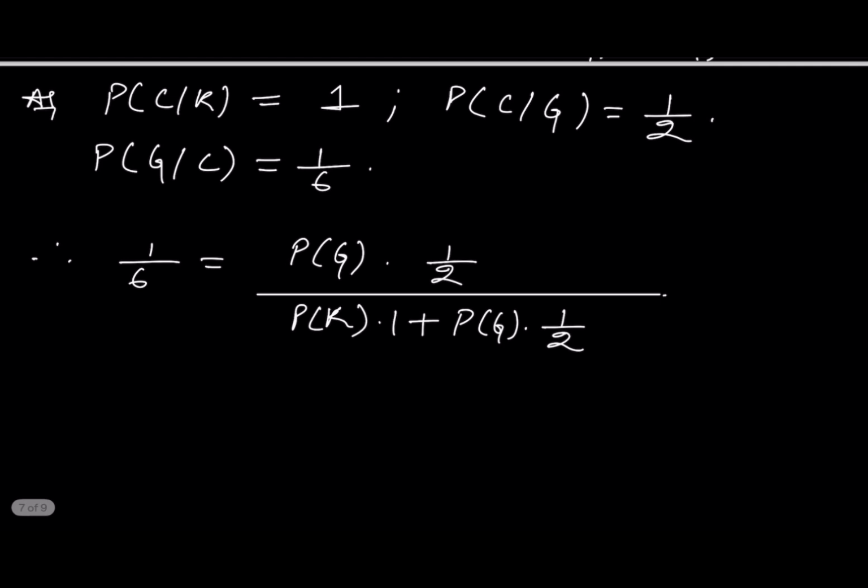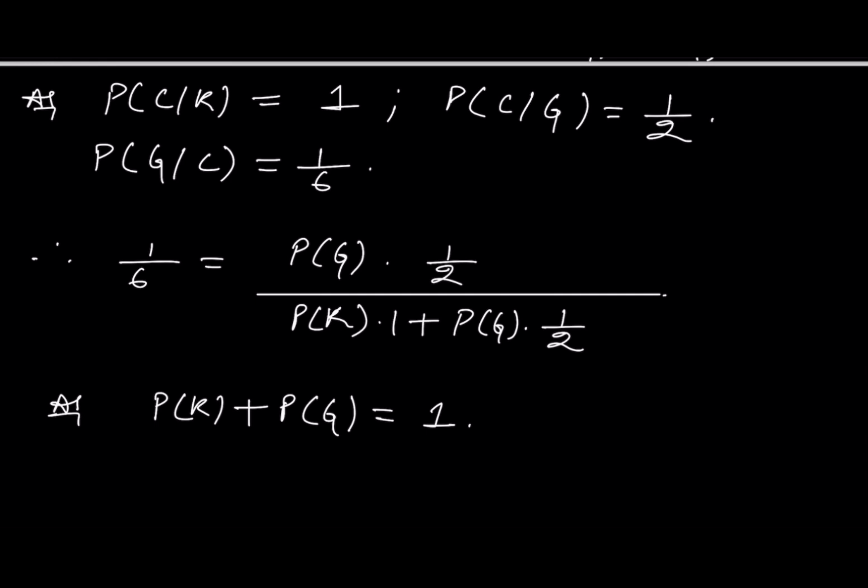And also P of K plus P of G is equal to 1, because it is mentioned that the student answers all the questions. Either he guesses or he knows the answer, but he has to answer all the questions.